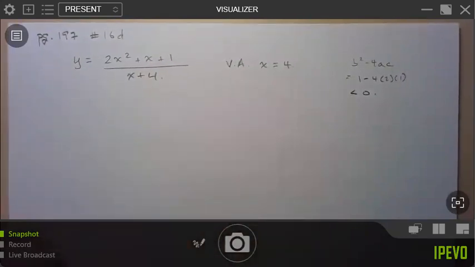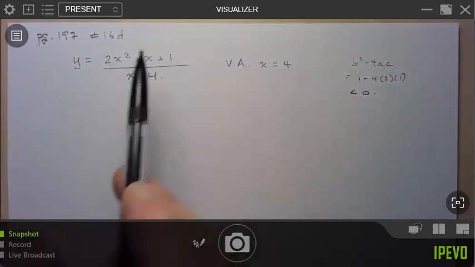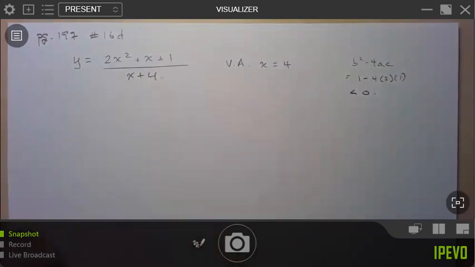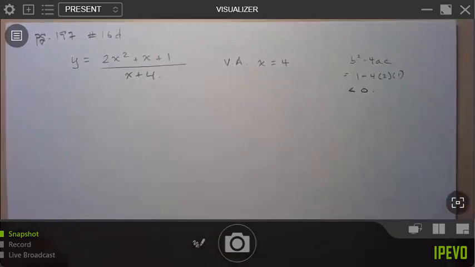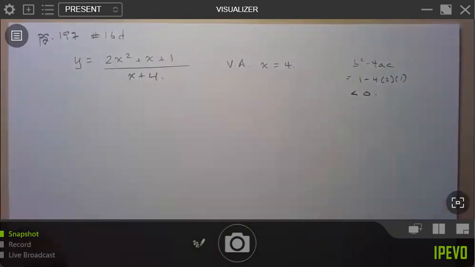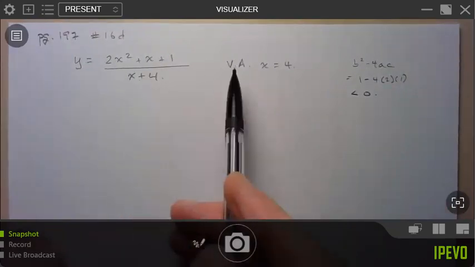So regardless of what sort of reasoning you use, you realize that this can't have a factor of x plus 4 in the numerator, okay? So in the end, this is what we're using.